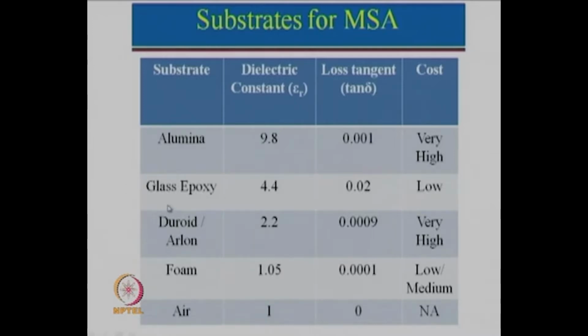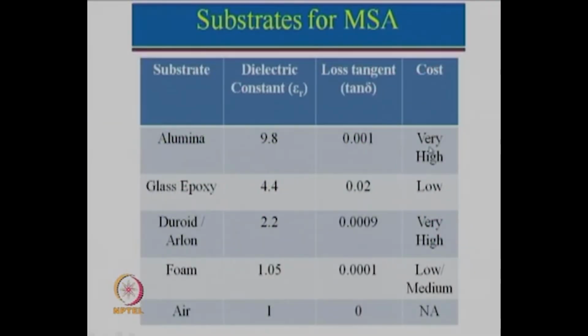Now, these are two popular brand names, Duroid and Arlon. The typical substrate dielectric constant is around 2.2. In fact, this is a variation of glass. We know that glass has a refractive index of 1.5, and refractive index is related to dielectric constant: the square root of epsilon r is equal to the refractive index.